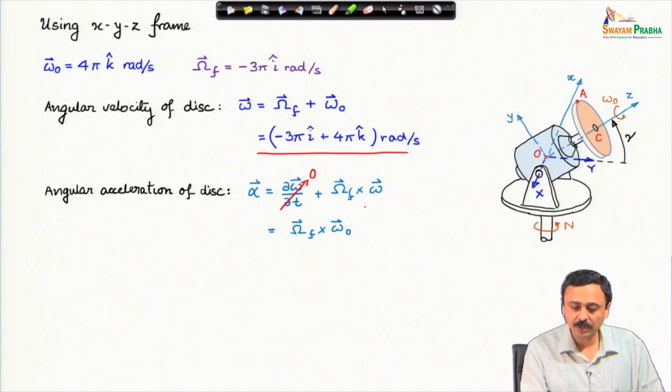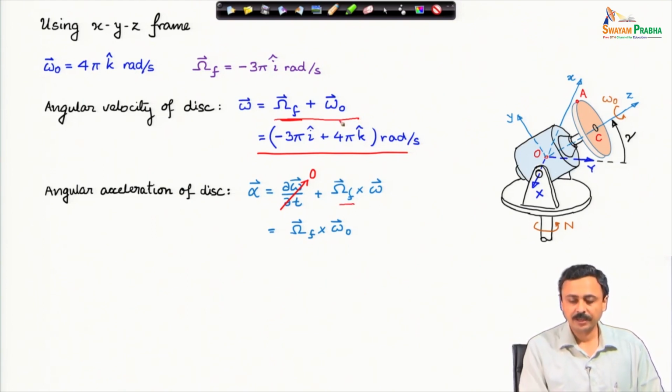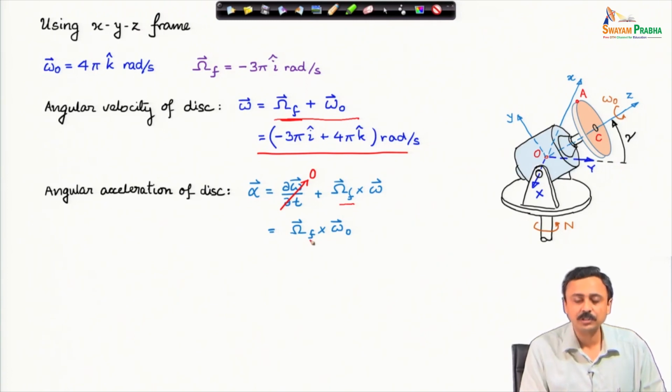Why only omega naught? Because in omega you have both omega f and omega naught, and omega f cross omega f will be 0, and therefore we are left with omega f cross omega naught.